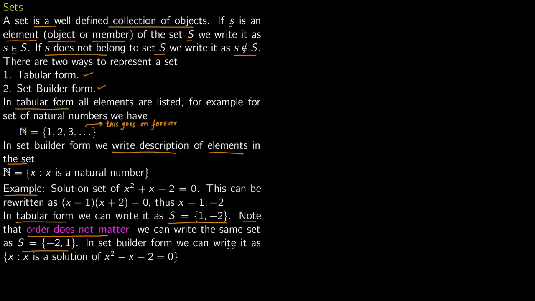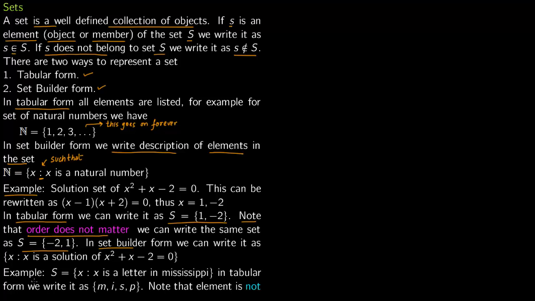In set builder form, this is even simpler. You just write it as x such that x is a solution of x squared plus x minus 2 equals 0. This symbol means such that. So these two dots, when we write like this, mean x such that.